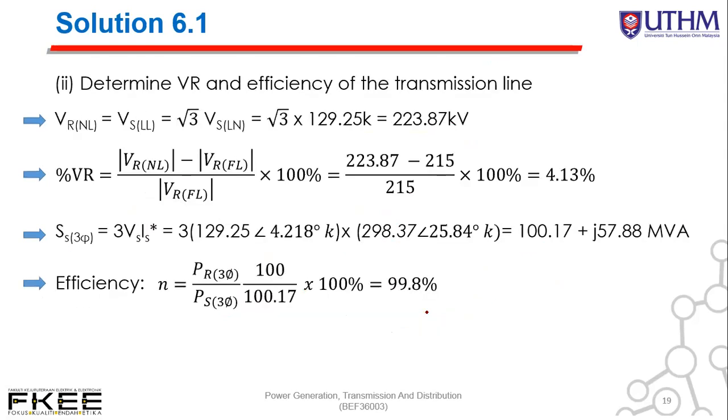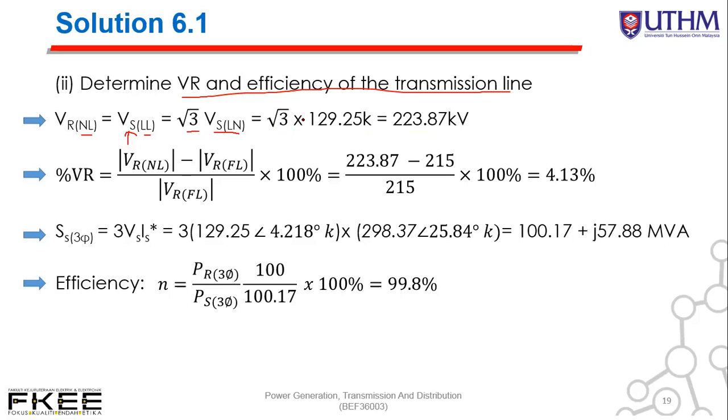Now, determine the voltage regulation and efficiency of the transmission line. The voltage at the receiving end under no load is equal to the voltage at the sending end, line to line, equal to square root of 3 times Vs line to neutral single phase.